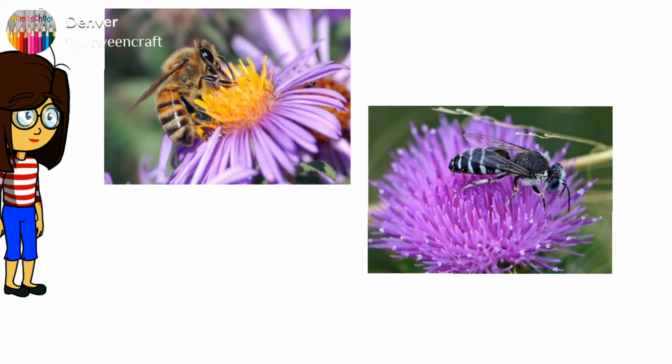You can see the insect collecting the nectar from the flower. From there the pollen grains stick to the body of the insect. When this insect flies away and sits on another flower, the pollen grains are transferred to that flower.